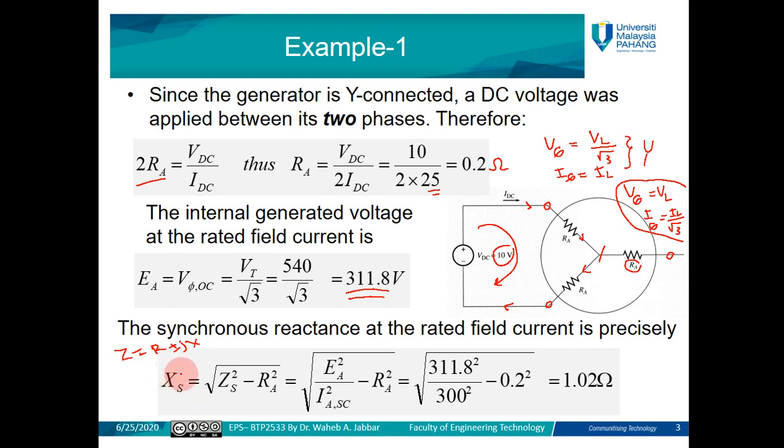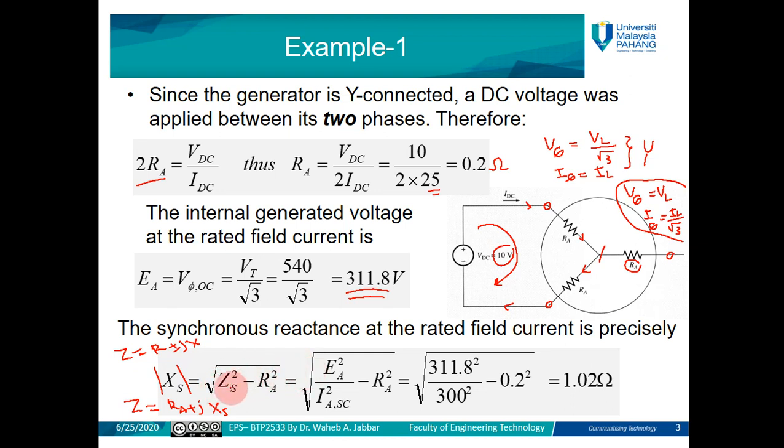If we want to find the magnitude of XS, we are only going to talk about the value without the angle, so it will be ZS square minus RA square. Why? Because actually the formula said Z equal to RA plus JXS for the synchronous generator. So if I want to find the magnitude of Z, it will be RA square plus XS square. If I want to find XS, it will be ZS square minus RA square, all under square root.